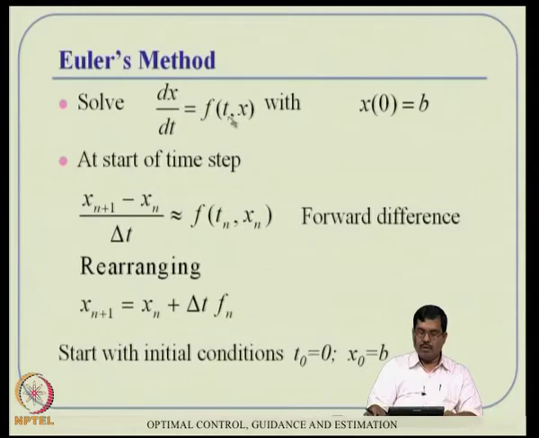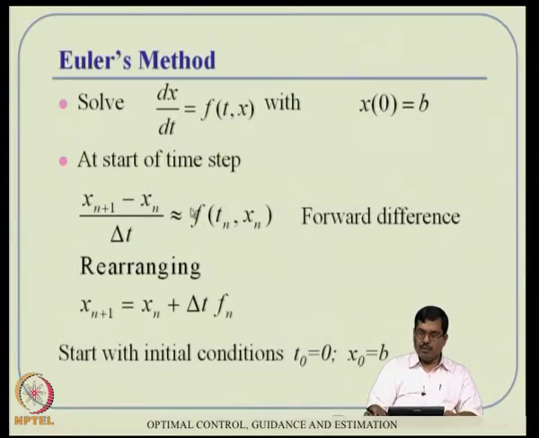And very quickly see the Euler method. If you have dx by dt equal to f of t, x, again this x is a vector here, with x of 0 equal to b, then at any point of time, suppose I know the solution for tn already, I want to find out for tn plus 1.